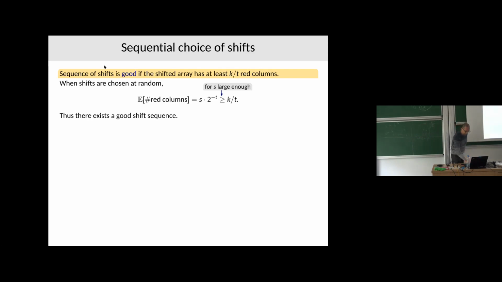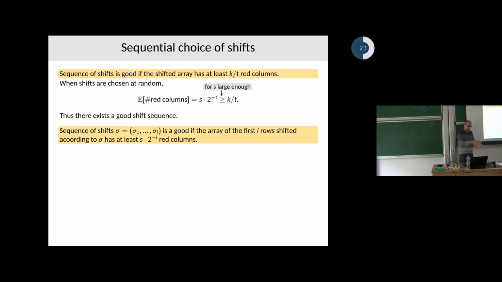Right, here is the argument I said before. So there exists a good shift sequence. Now, there might be more than one good shift sequence. So, just to try to find it, let's generalize this property of being good to prefixes.